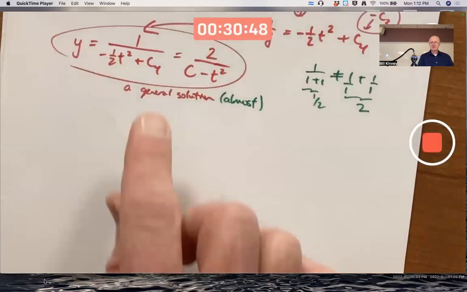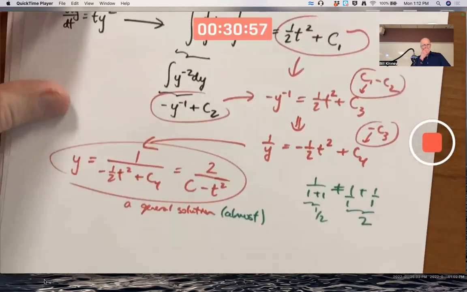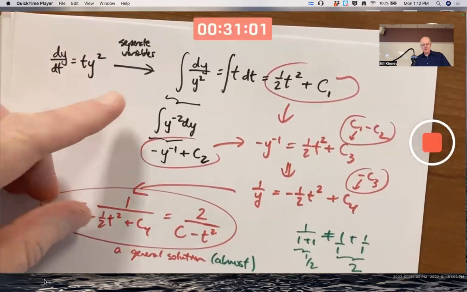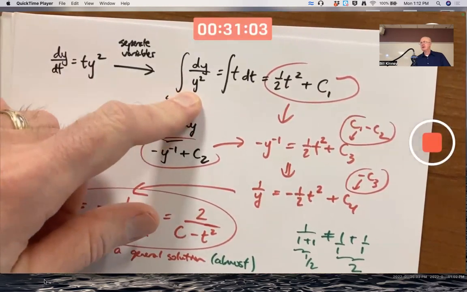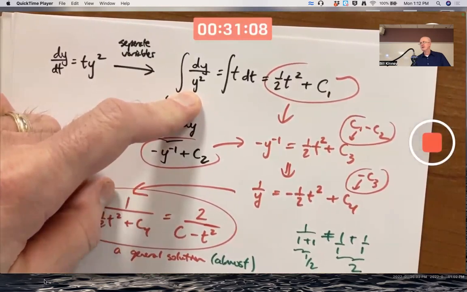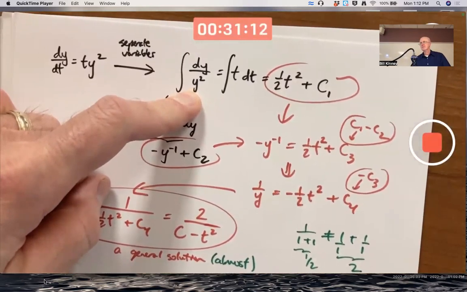There's nothing you can choose for C that's going to make this function equal 0 always. So it's missing that solution. The reason it's missing is because y equals 0, when you separate variables, you'd be dividing by 0. Right there, where I'm pointing. That's the problem. That's why it misses it.